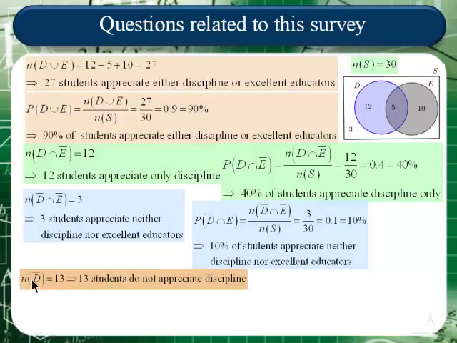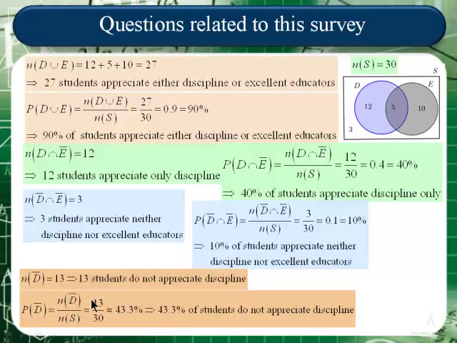The cardinal number of the complement of D, in other words, the students outside the discipline area, the students that do not appreciate discipline, is that 10 plus that 3. So 13 out of the 30 students do not appreciate discipline, and that is 43.3%.